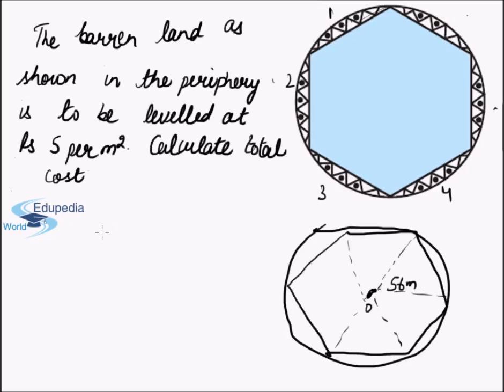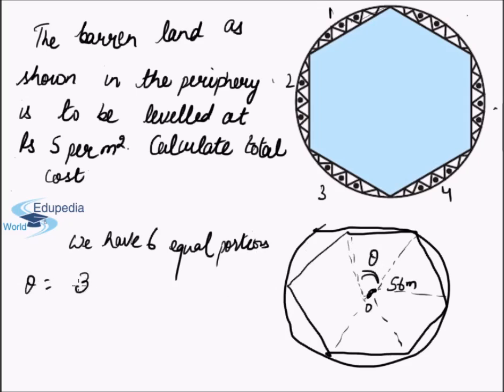Now if O is the center, then the radius is given as 56 meters. Now since we have 6 equal portions, this angle, that is theta, will be 360 degrees divided by 6, that is 60 degrees.